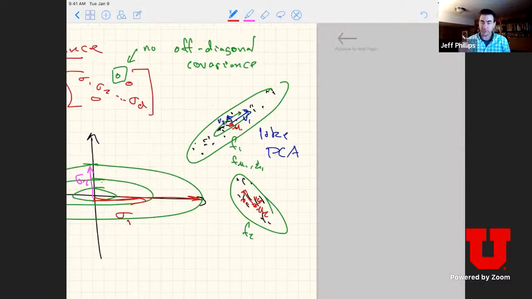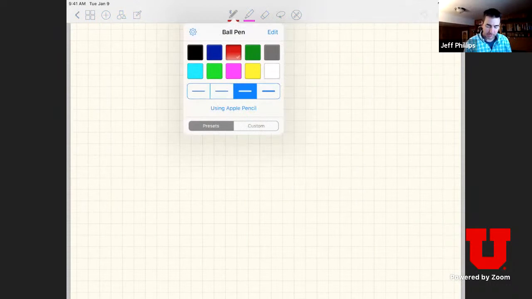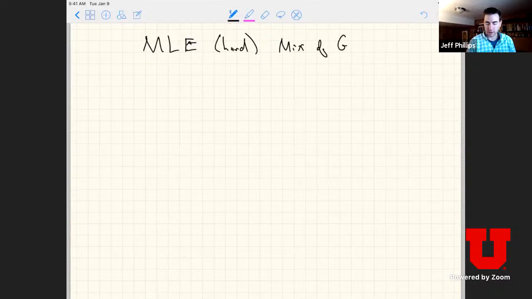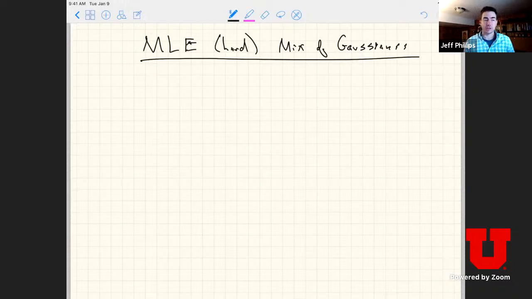So let's do a first formulation of this, and we are going to modify this later. This is an MLE hard mixture of Gaussians. I'm going to try and write this down as an optimization problem.